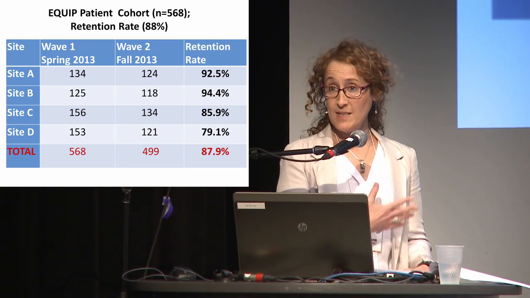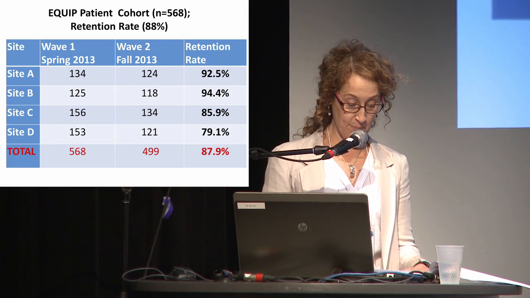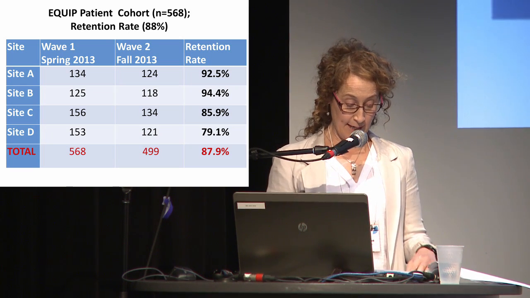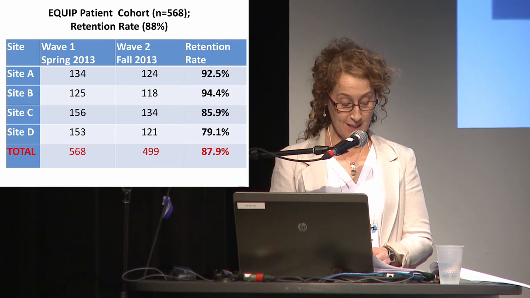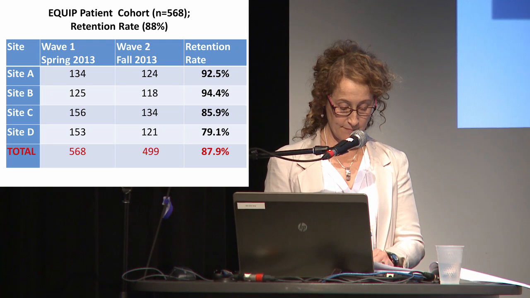We're very pleased with our retention rate so far, given the social context of people's lives, and given that many of the people would be often lost to follow-up or are not people who are typically included in population-level samples.